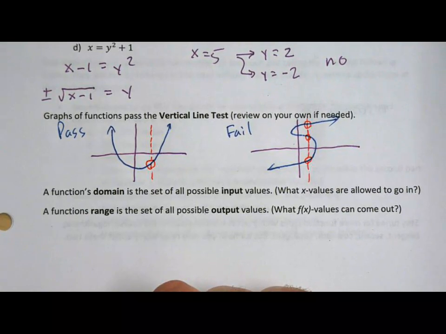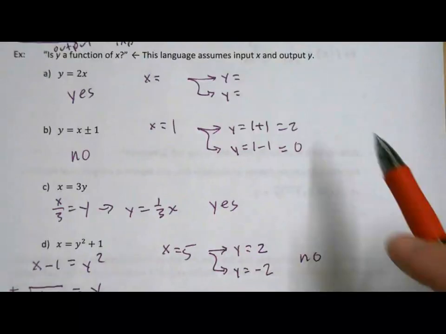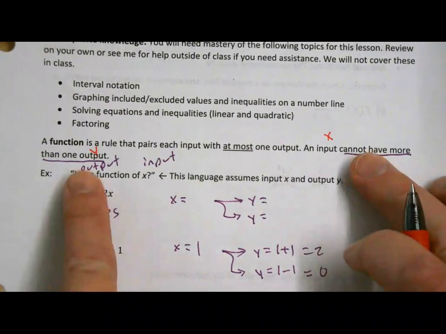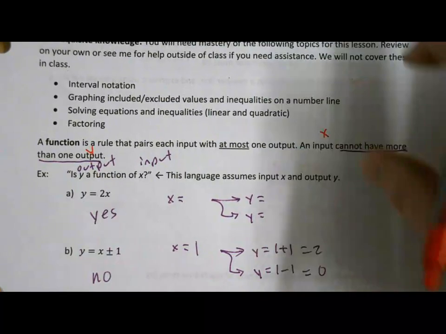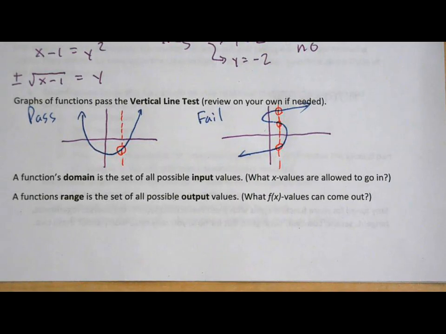This is the type of thinking that is going to be required of you if you're going to get an A in this class. So what is the connection between the rule that an input or x value cannot have more than one output or y value, and what you see going on in that picture?